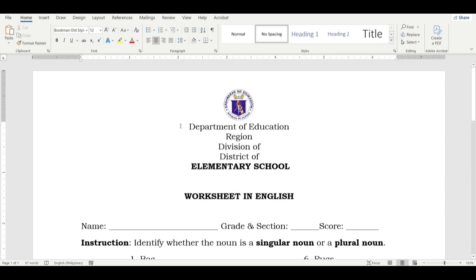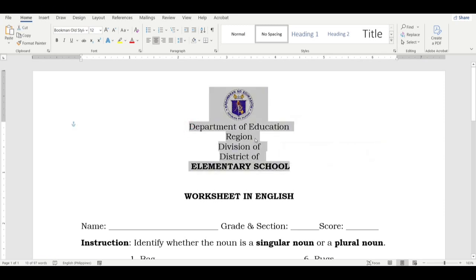So the same doings, guys, I just placed there a logo and then the heading: Department of Education, region, division of, district of, the name of your school, and you can also place there the address of your school.